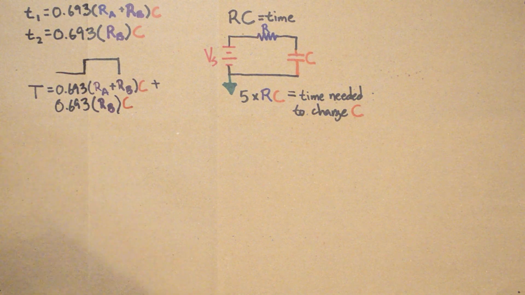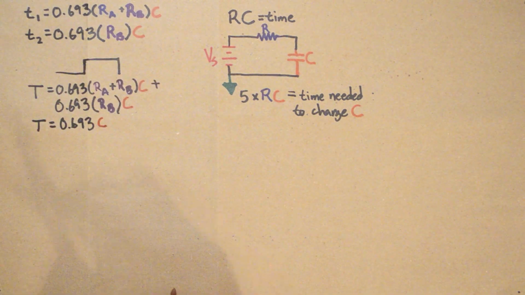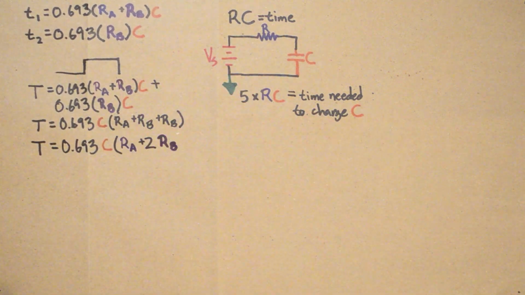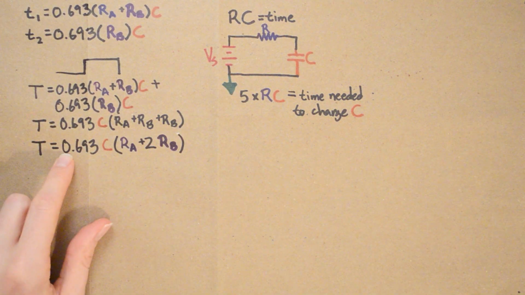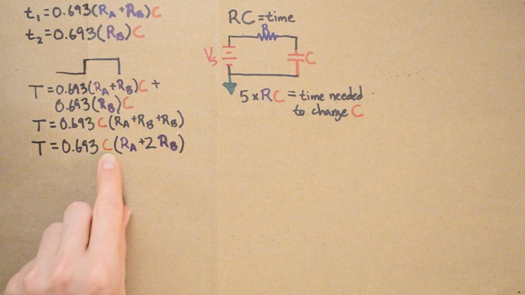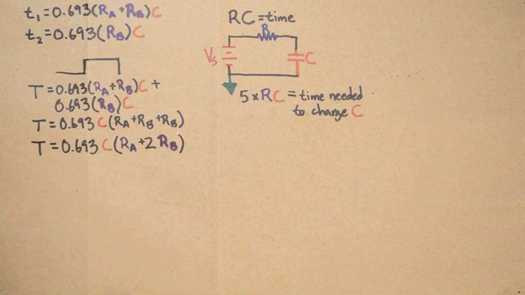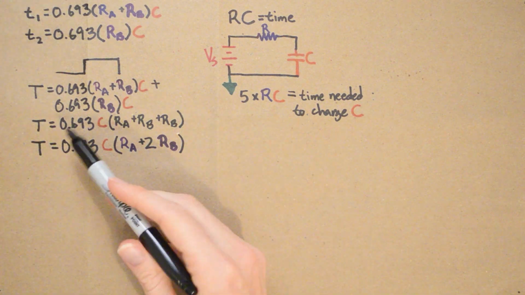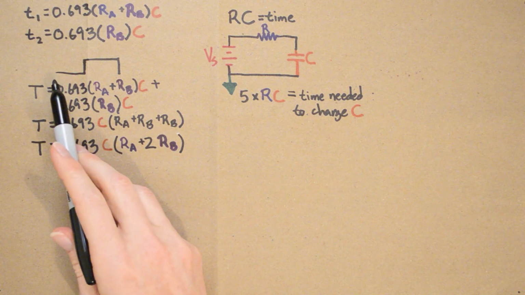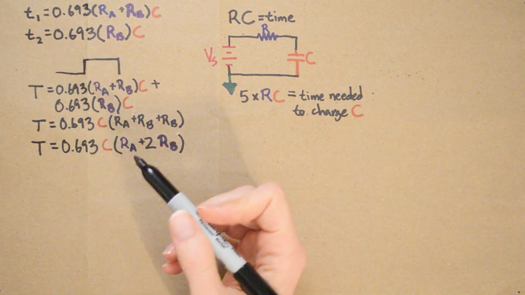Okay, so now we can combine some terms to simplify a few things. And we end up with 0.693 times C times (RA plus 2RB). Like we said, T is the total amount of time it takes for the output to be low and then high and then return to low.